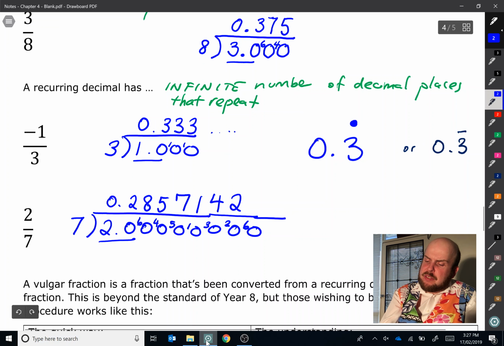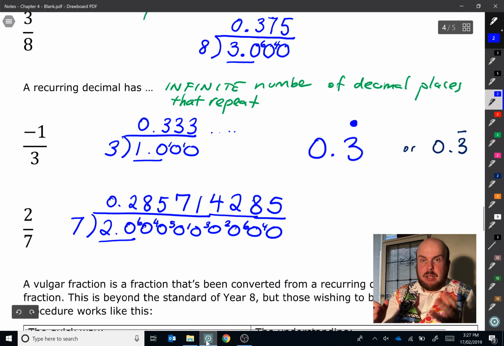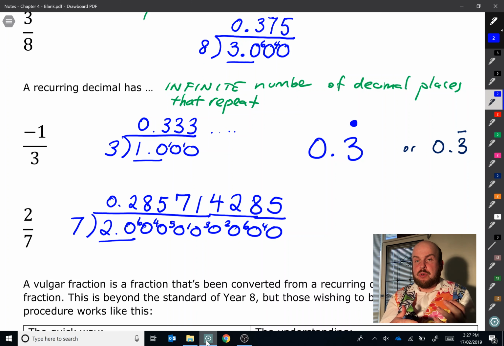Then 7 goes into 60 8 times, and 4 remainder. And then 7 goes into 40 5 times. And now we've seen the pattern go. We are definitely absolutely sure that the pattern's going to repeat.